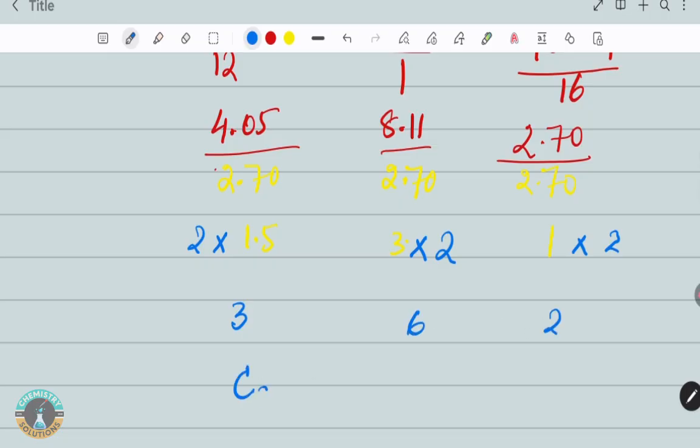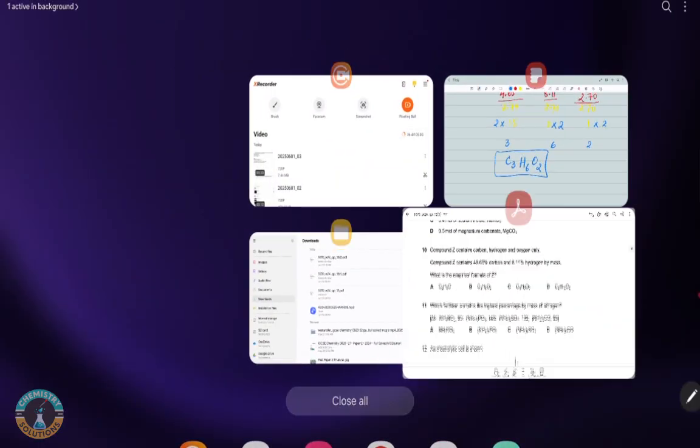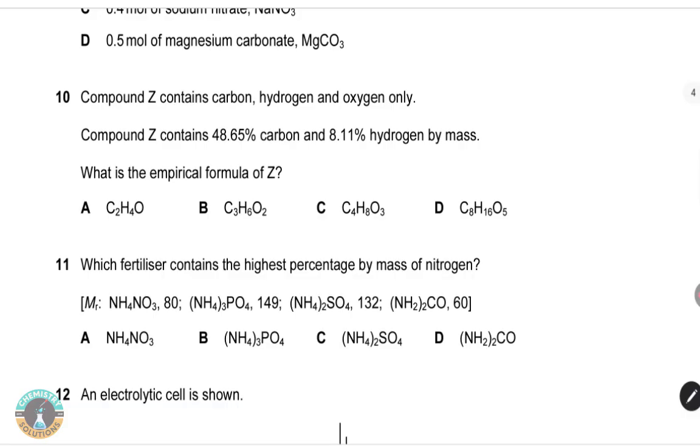The formula will be C3H6O2. Now come towards our MCQ. C3H6O2, so B is the correct option for this question. So you must know how to calculate the empirical formula of Z.